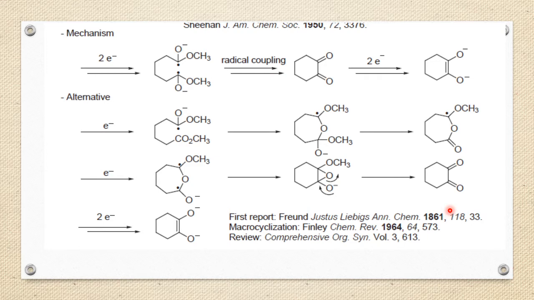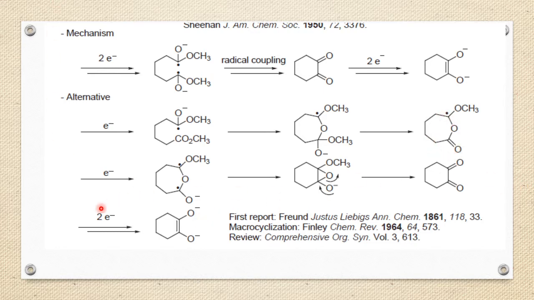Alternatively, you can also think about single electrons, and then moving forward, you can think about creating a heterocycle wherein one of the oxygens will form a ring like this. Herein you find basically a 7-membered ring.